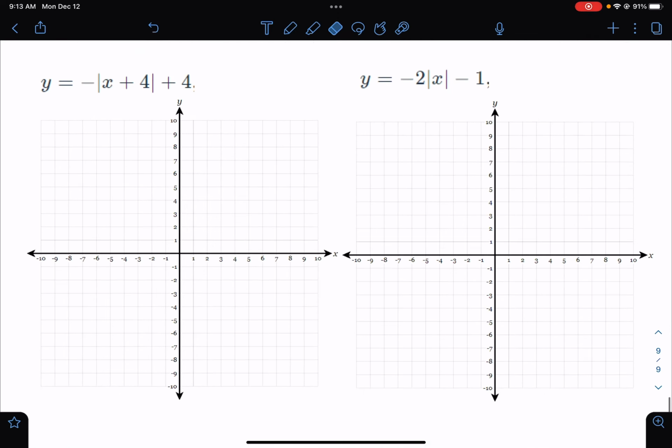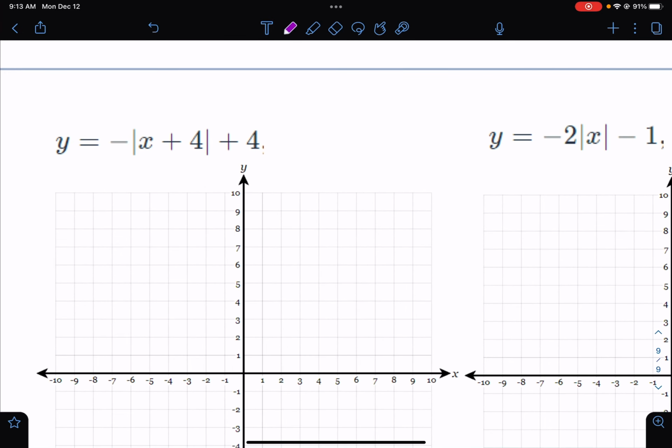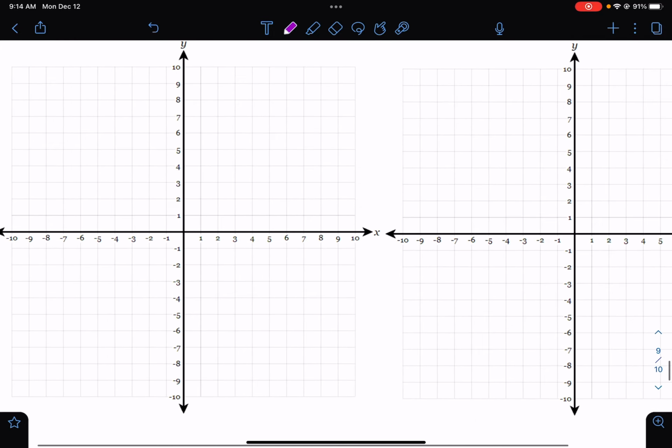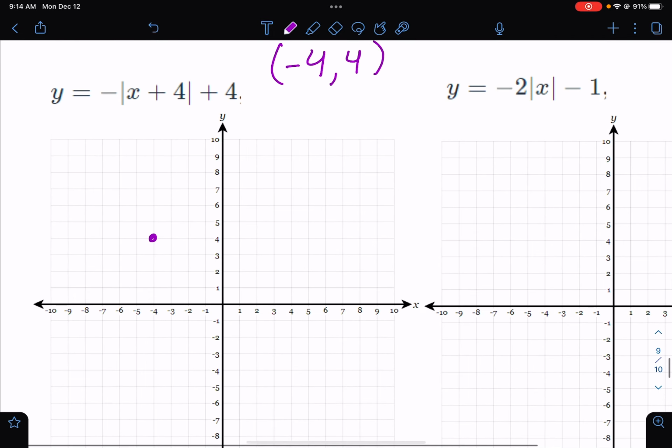Okay. Now, for this one, we're going to find our vertex the same way. It's going to be (-4, 4), all right? And we're going to go ahead and plot that. However, we have this negative out in front. So what that does is it reflects it. So instead of going up and up like this, we're going to go down and down.